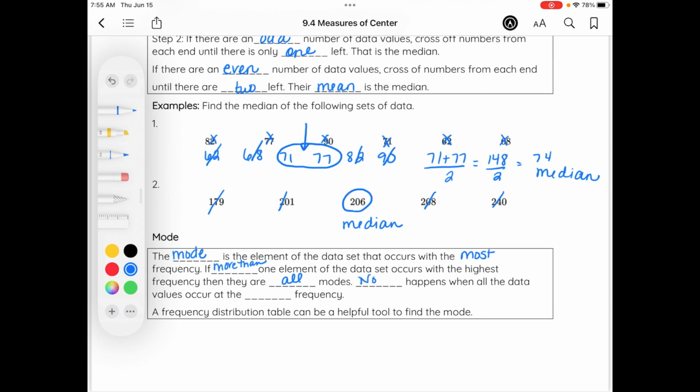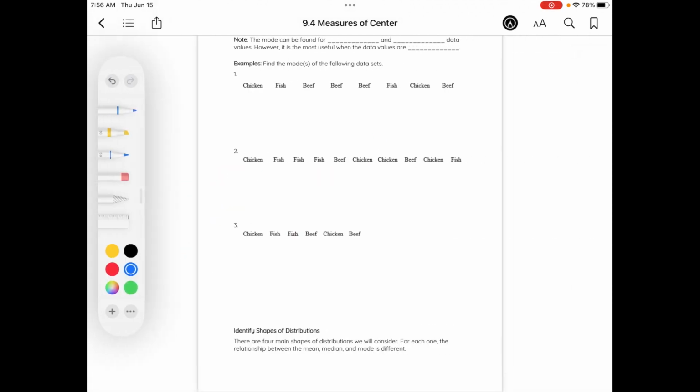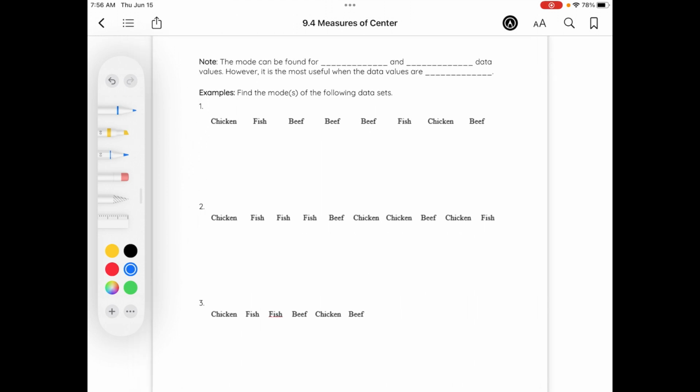No modes happen when all the data values occur at the same frequency. It is usually best to make a frequency table in order to help us find the mode the fastest. We should also note that mode can be found for both qualitative and quantitative data. However, our values will be represented in quantitative data.